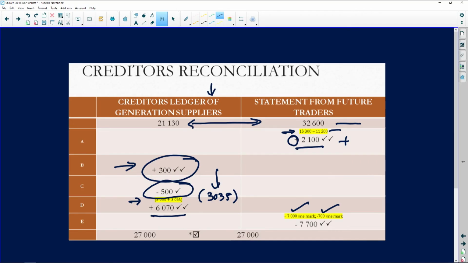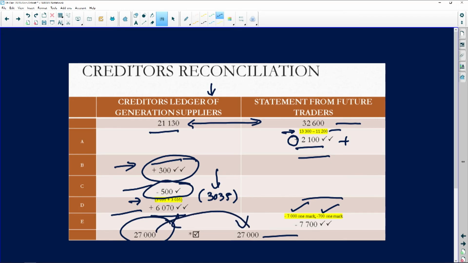What do you do now? You take the 32,600 plus 2,100 minus 7,700 and you get a figure of 27,000 Rand. You take the 21,130 plus 300 minus 500 plus 6070 will give you 27,000 Rand. Voila! What have we done? We have reconciled the statement that we have received from our creditor with their account as it appears in our ledger.